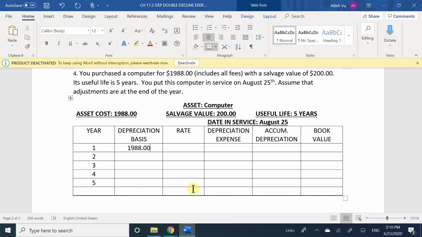So again, 1988 is where we're going to start off. What is the rate? 40%, because it's going to be 1/5 times 2, it's just 40%. Okay? And what is my depreciation basis this time?